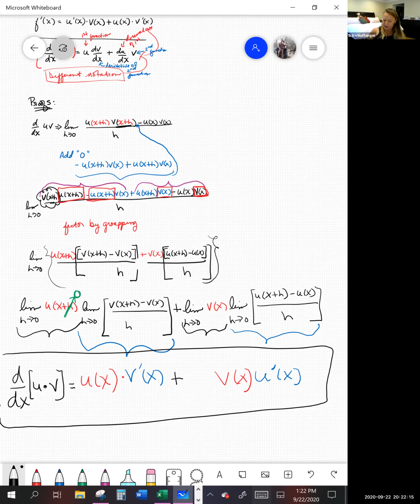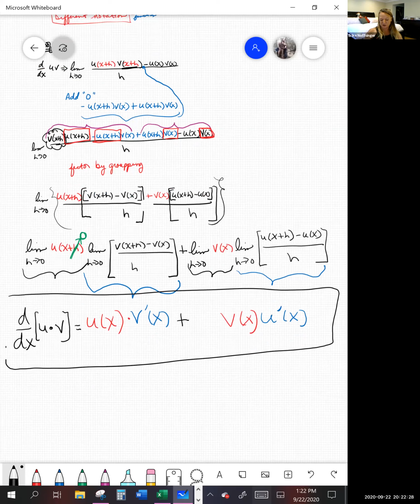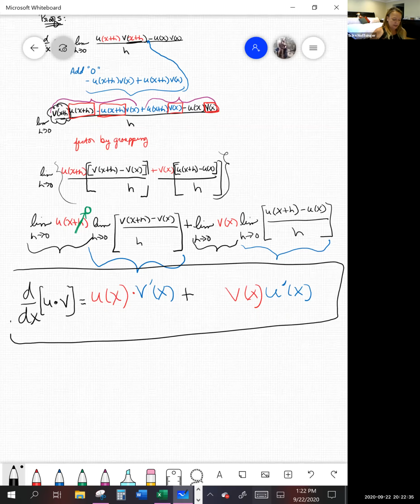I got it to fall out with the first function times the derivative of the second plus the second function times the derivative of the first. So that's why we use this rule when we have a product of two things.